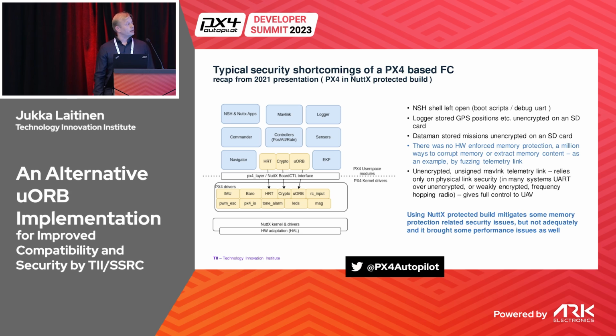But in our embedded flight controllers, we first enabled this NuttX protected build mode, which basically enables a simple form of memory protection. It splits the memory space in half into user space and kernel space. The idea is that whatever runs in user space cannot directly access kernel space memory, but whatever runs in the kernel can access all the memory.